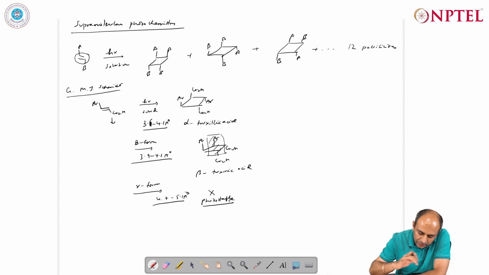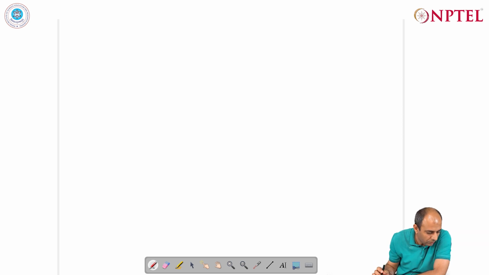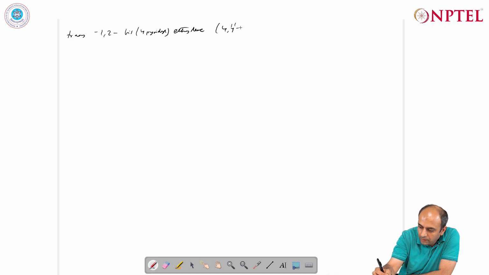So to understand this particular case, first we will consider the molecule trans-1,2-bis(4-pyridyl)ethylene, which we also refer to as 4,4'-BPE.